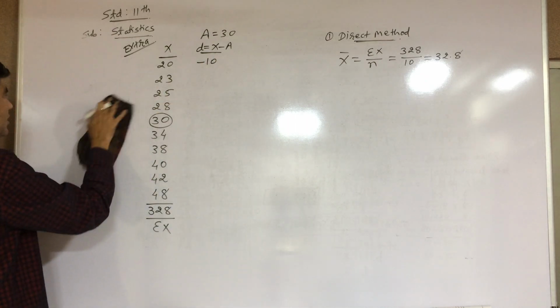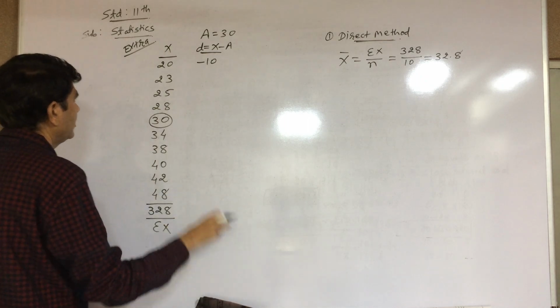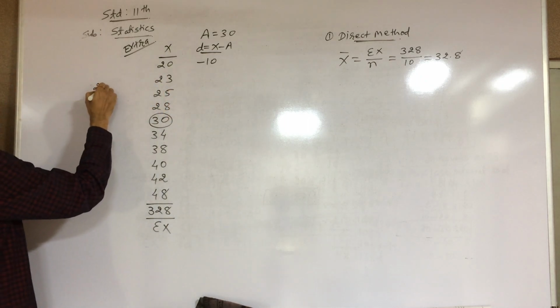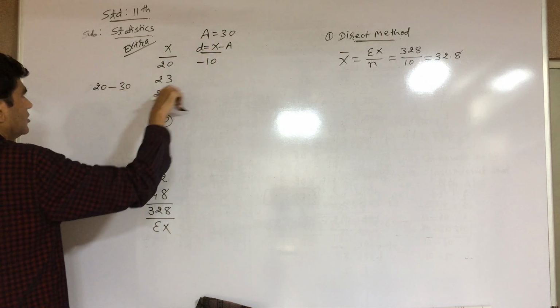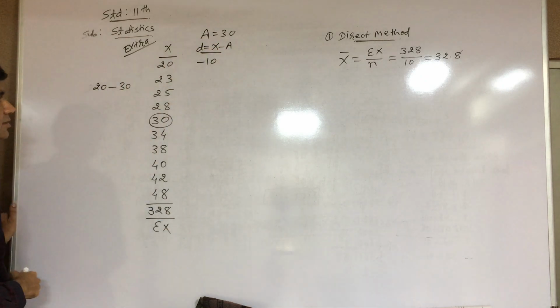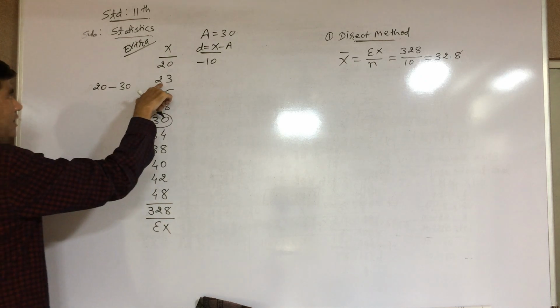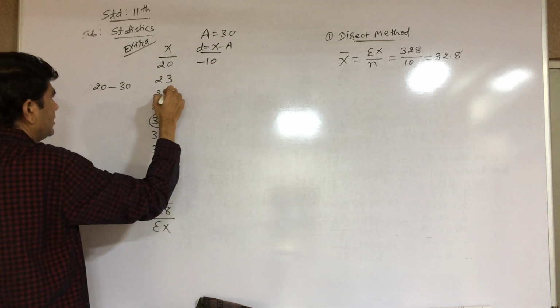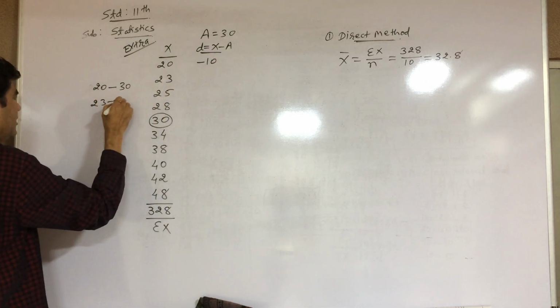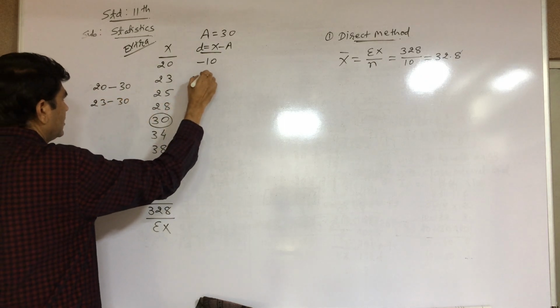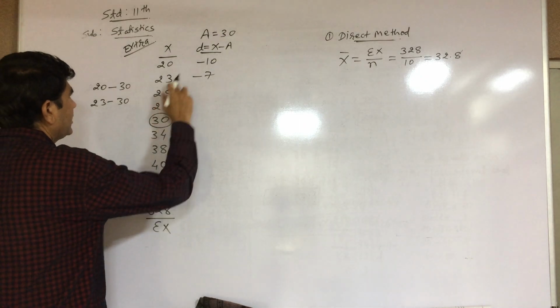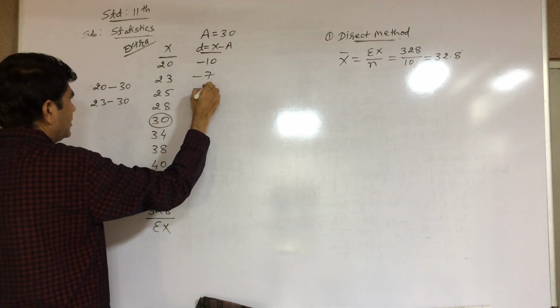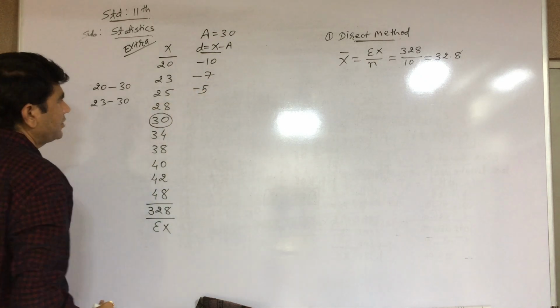I repeat, x minus a. So value of x is 20 and value of a is 30. So calculation is minus 10. Then 23 minus 30. So calculation is minus 7. 25 minus 30 minus 5.